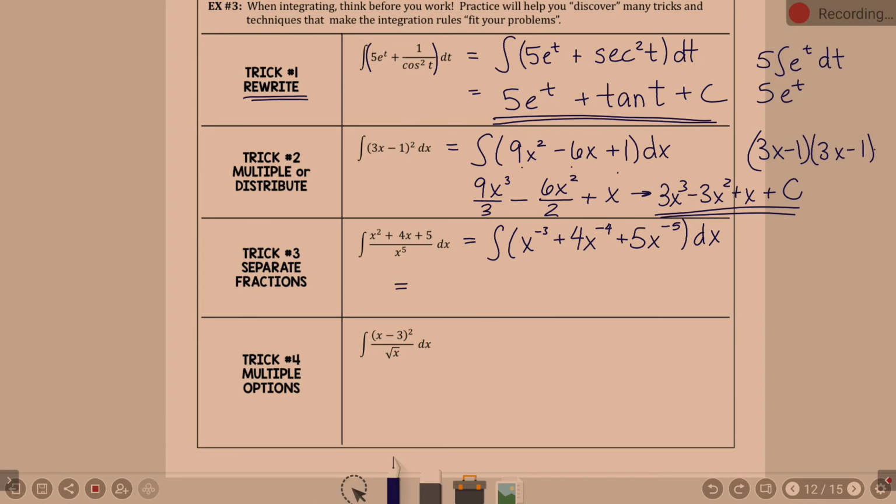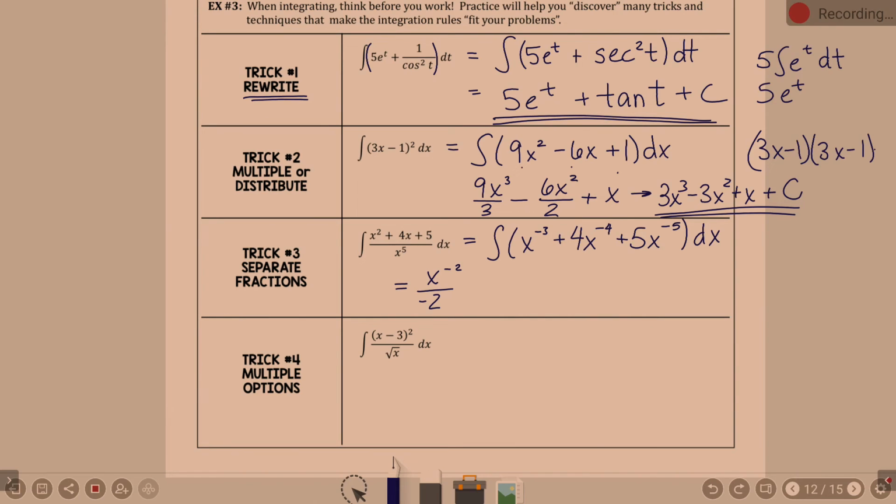Okay, integral of x to the negative third. It's going to be x to the negative 2 divided by negative 2. Add 1 to the power, divide by the new power.